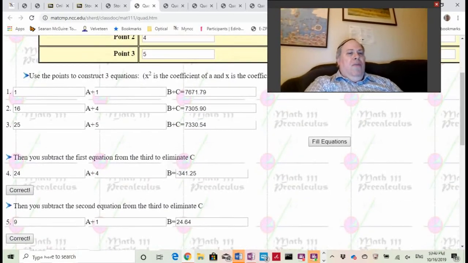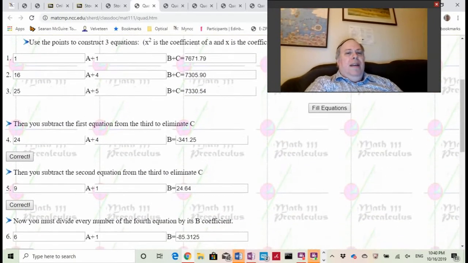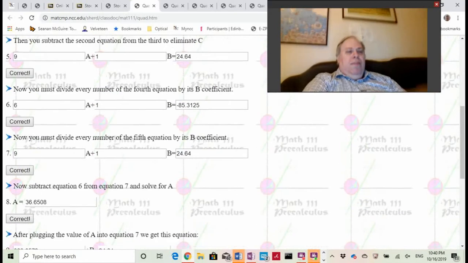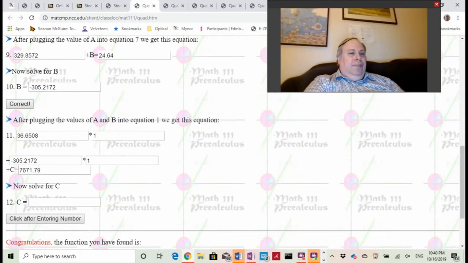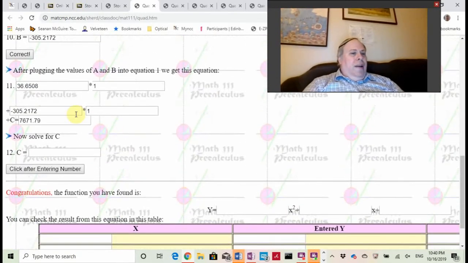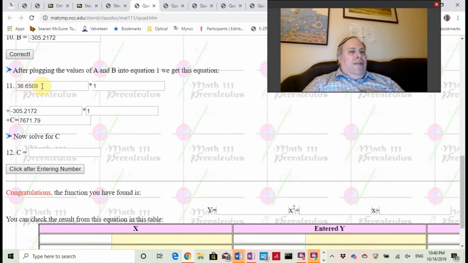Now I go back to the original equation, which starts with 1. It gives me 1a plus 1b plus c equals 7671.79. So 36.6508 times 1 minus 305.2712 times 1 plus c equals 7671.79.